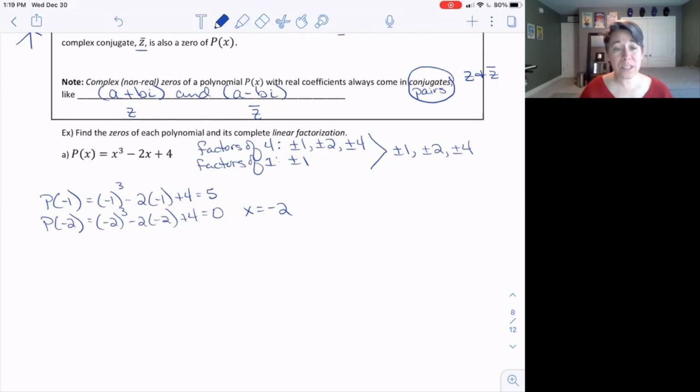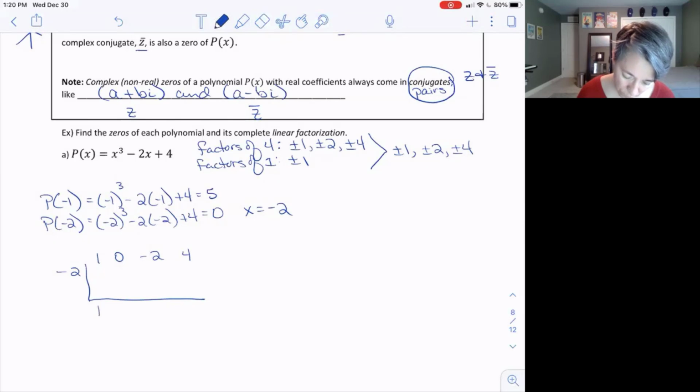One thing that we can do to simplify this, we can divide and find out another factor that might be smaller. So if we divide negative 2 using synthetic into our original function with coefficients of 1, the x squared term is missing, so we have 0, negative 2 for the x term, and then 4.